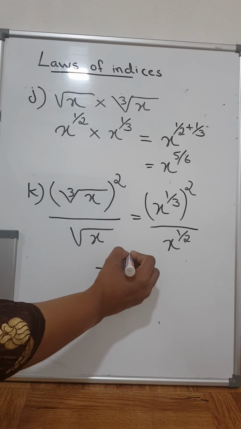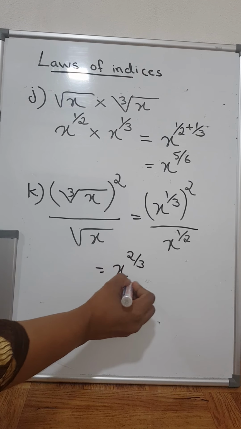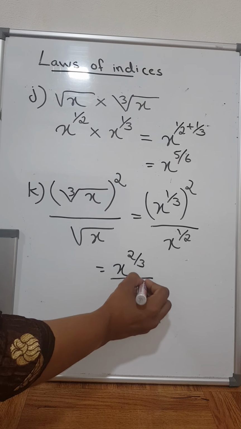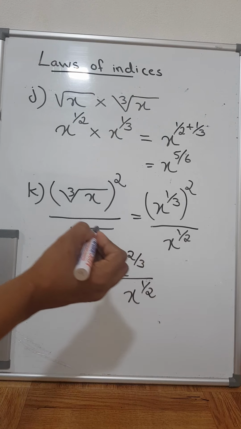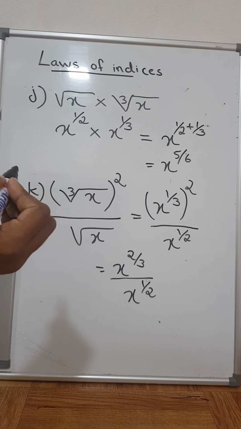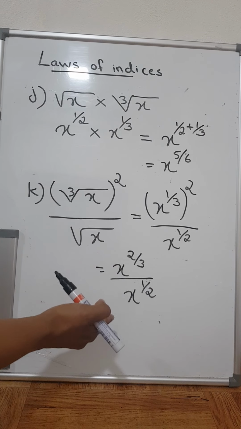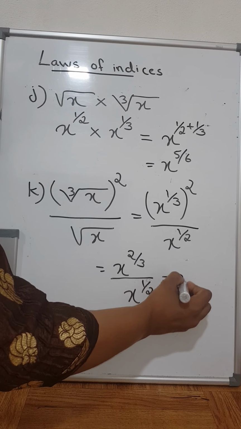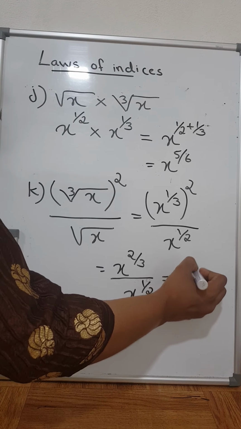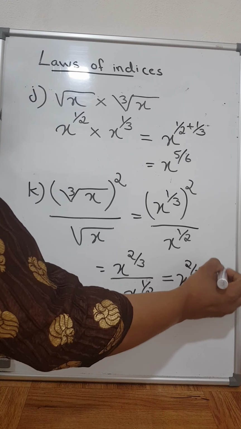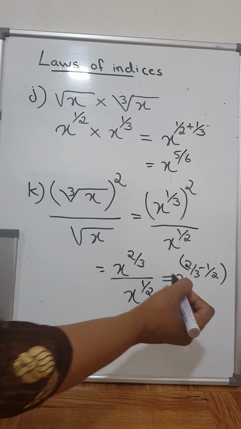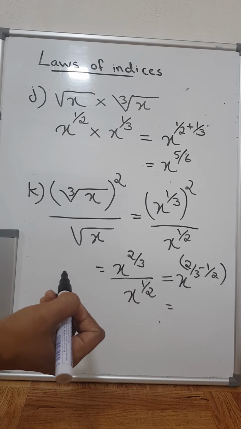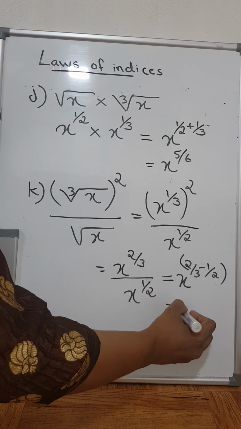That is x to the power 2 by 3 divided by x to the power 1 by 2. Now we can use the division law. According to the division law, x to the power 2 by 3 minus 1 by 2. That is x to the power 1 by 6.